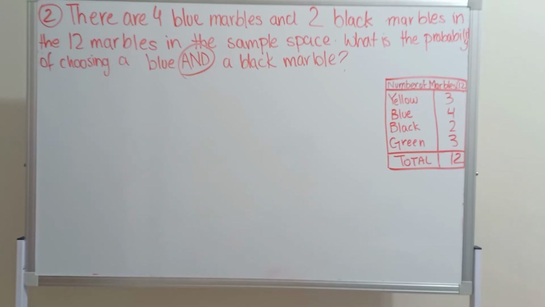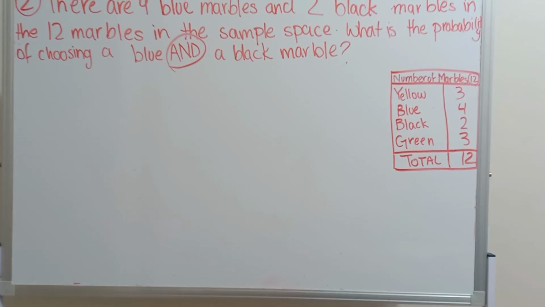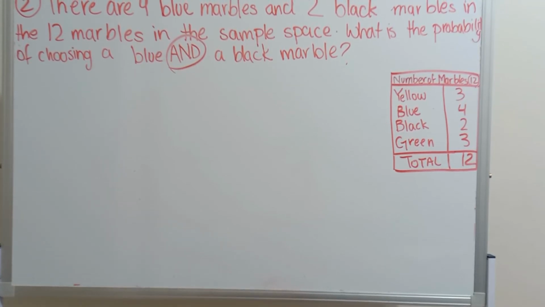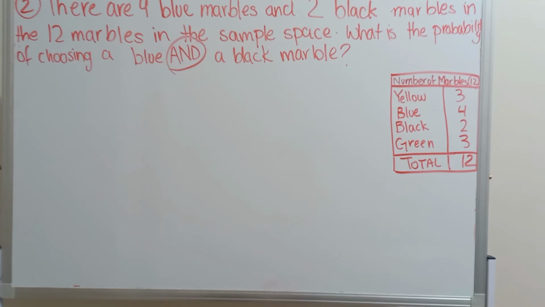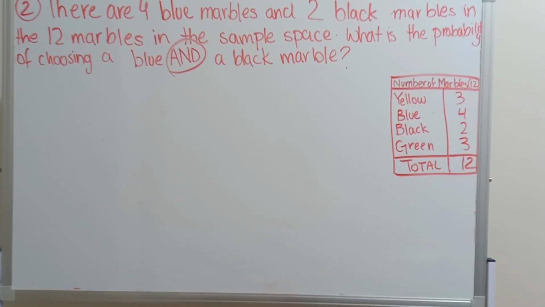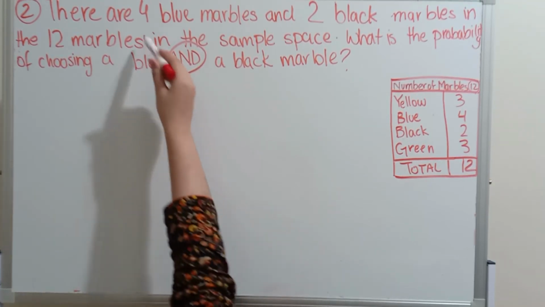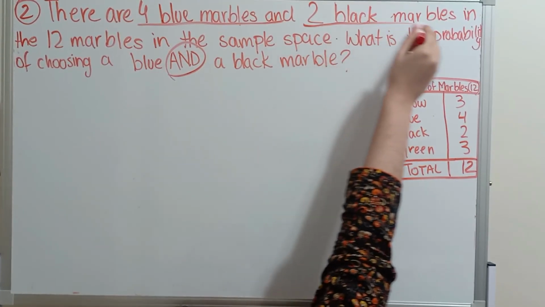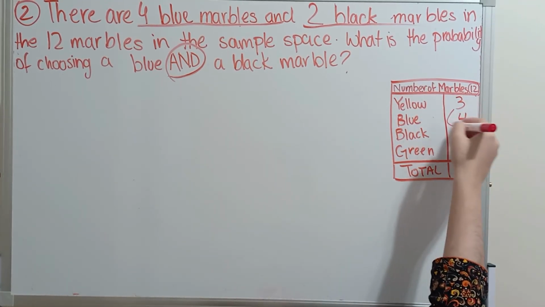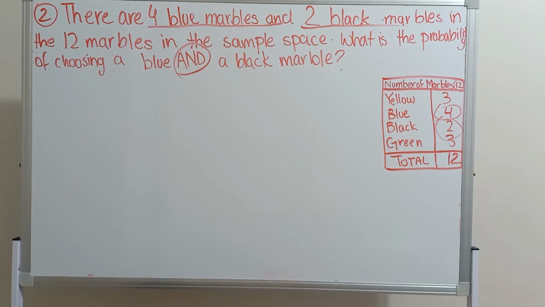Where there is an or, we will add. You're also given a chart with all of the different colors of marbles in the sample space, but we only need to know blue and black marbles, and they're already stated in the question. So we don't need to use this chart.